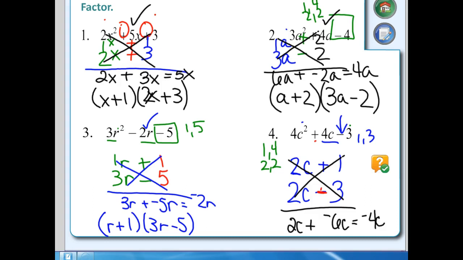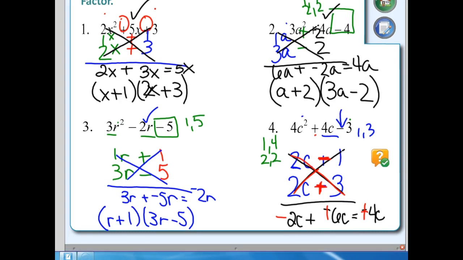If I change this to a plus and I change this to a minus, now let's multiply. We've got 2c times 3, which gives me positive 6c, and negative 1 times 2c, which gives me negative 2c, and now that makes this positive. Okay, so all we had to do that time was just change our signs to get everything in the right place.